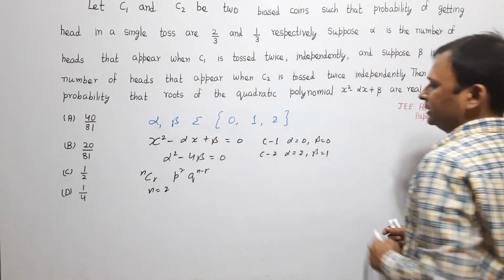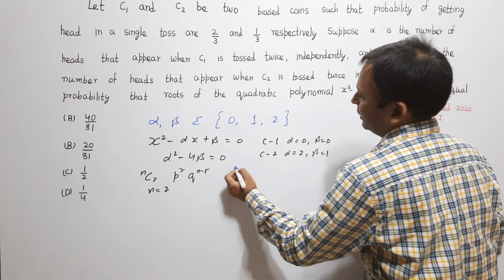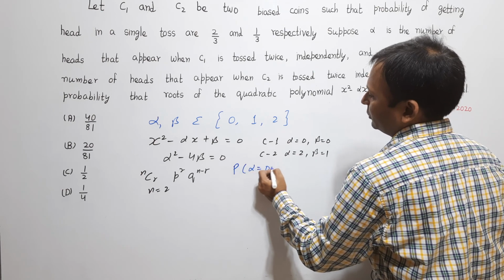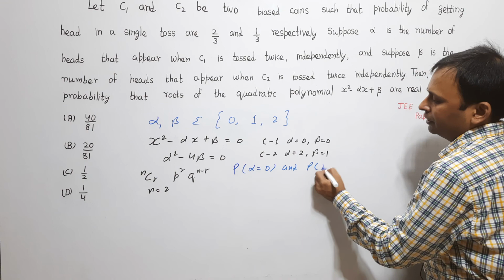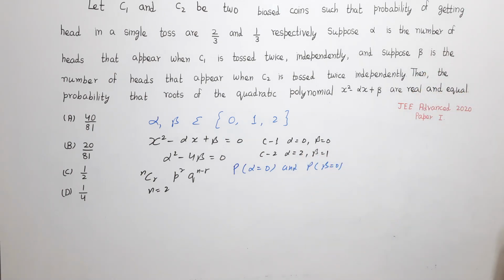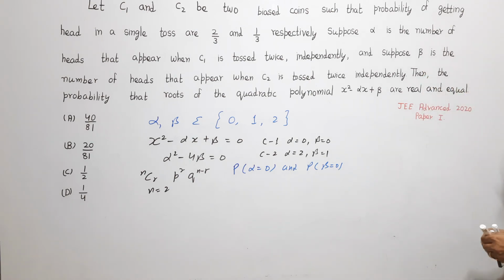So using that concept, what is the probability that the value of alpha is equal to 0, and also the probability that the value of beta is equal to 0. These are two independent events, so I can multiply both the probabilities using the multiplication theorem.